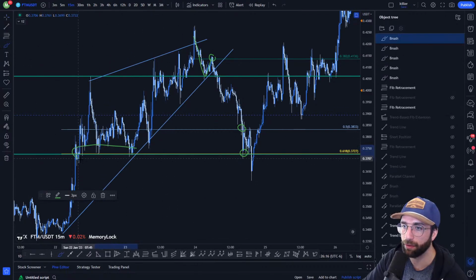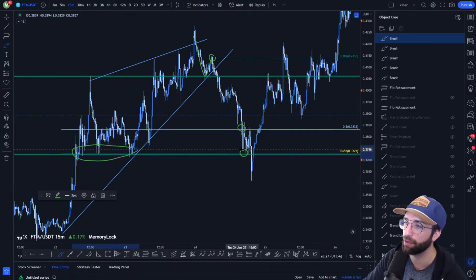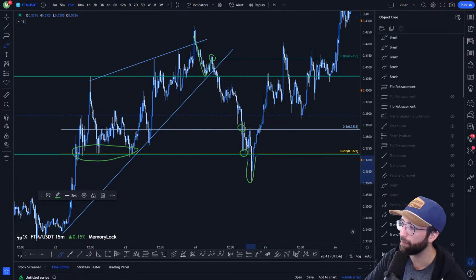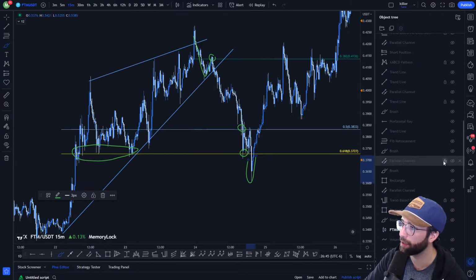The bottom of the channel being here, the 618 falling exactly on the bottom of the channel, which gives you really good confluence to say, yes, this is definitely a good place to take profit, right at the bottom of the channel, for sure. So we got the 0.5, we got the bottom of the channel. On the deviation of the channel on the reclaim, you could see the strength here. It would have been a good place to probably close out upon re-entering the channel, close the rest of your short, right? We're going to go ahead and hide that.